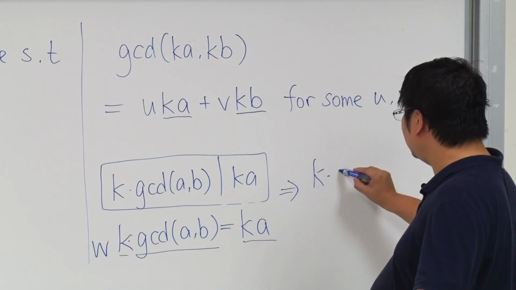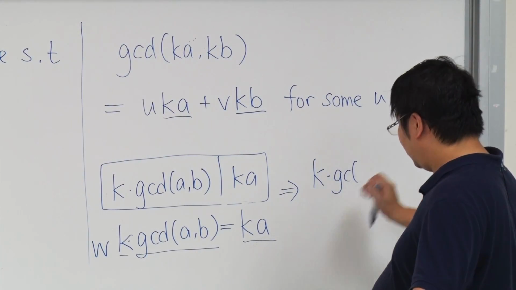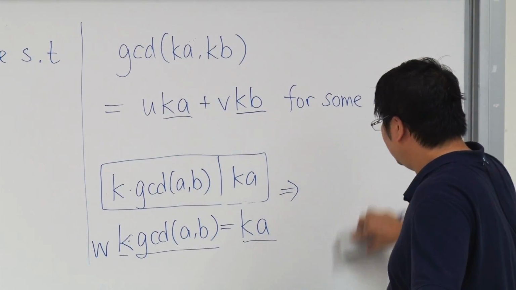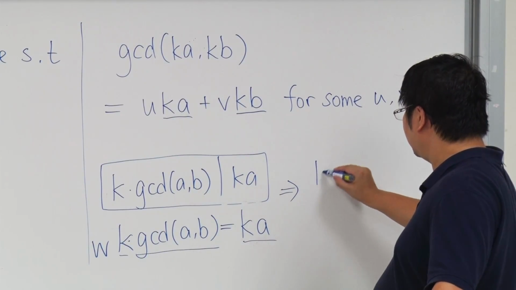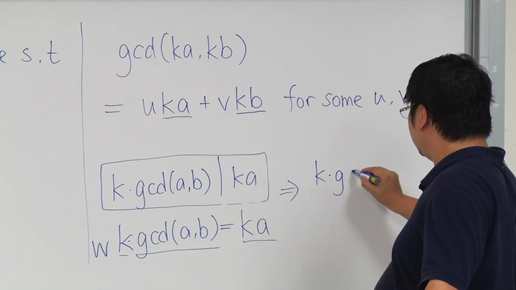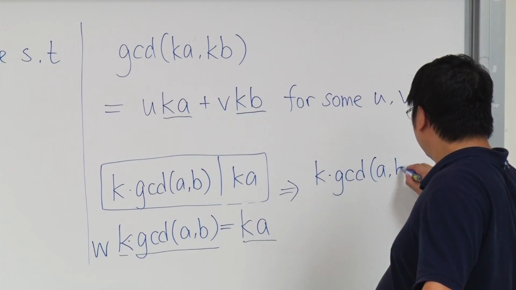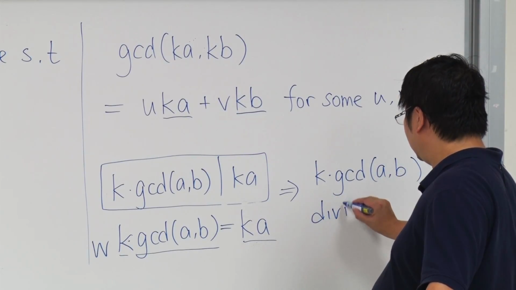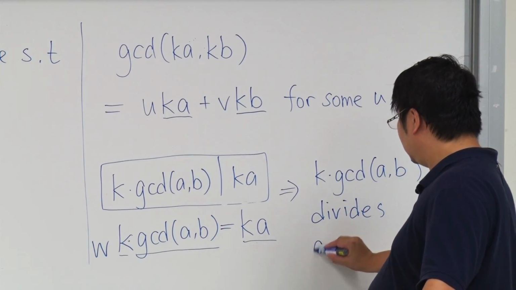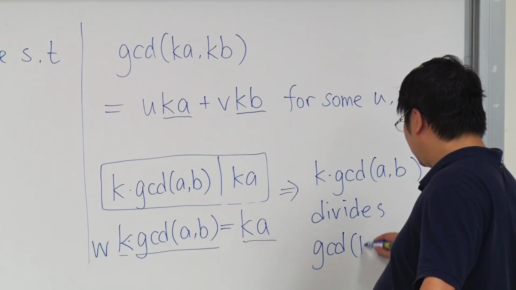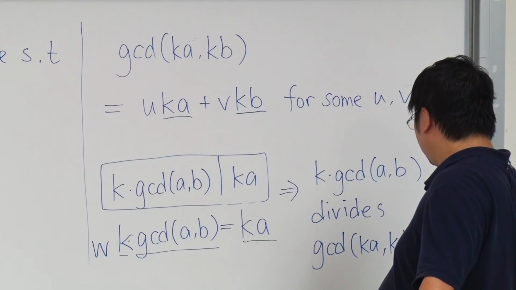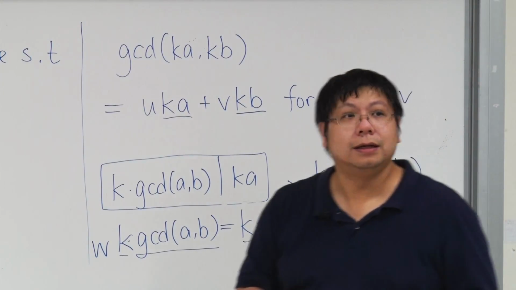This implies K times GCD of AB divides the GCD of Ka, Kb. Is that okay? That's it.